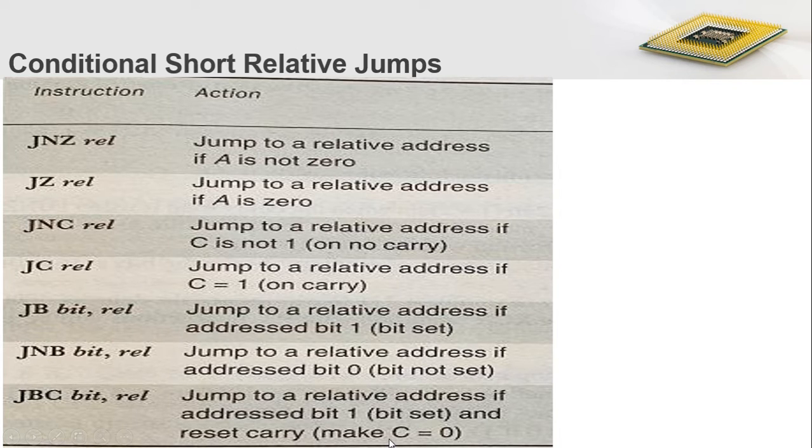That means after the jump, make the carry flag equal to 0. Whenever it performs a jump operation, if the given bit address location has value 1, then it performs a jump and makes the carry flag equal to 0. So these are short relative jump operations or instructions.